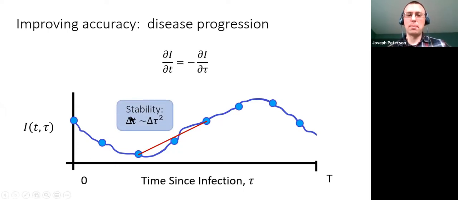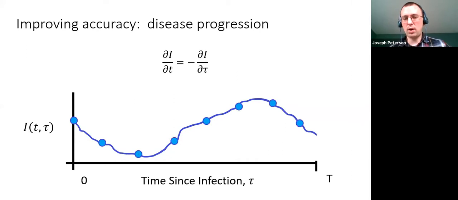Your time step that you're allowed to take goes as the square of your increment in time since infection. And that's quite restrictive, actually, especially if you want to have a lot of different stages for good resolution of the disease dynamics. Okay, so suffice it to say, that's not very good. We think we can do better. So how can we do better?